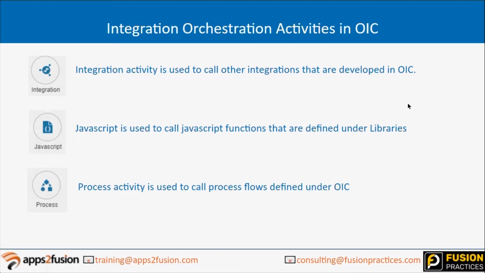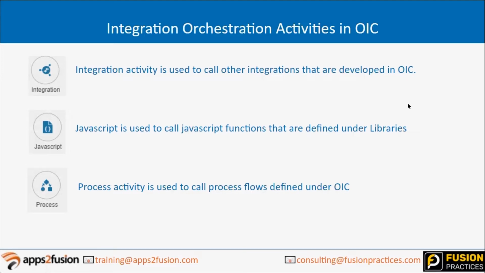This is just a design pattern that we do to maintain the integrations well, because the activity stream would be really big. You cannot go through the integration's activity stream if it is really big, right? So that's why it's better if you break it up and maintain the integrations separately.